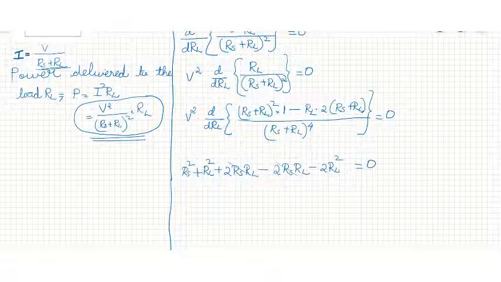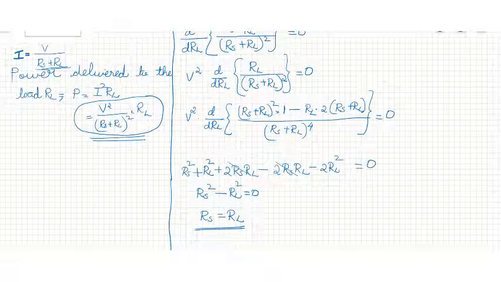Two Rs RL will cancel each other. So we will get Rs square minus RL square equal to 0, which means Rs is equal to RL.